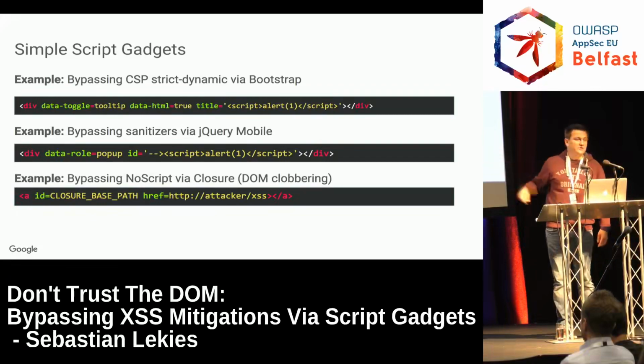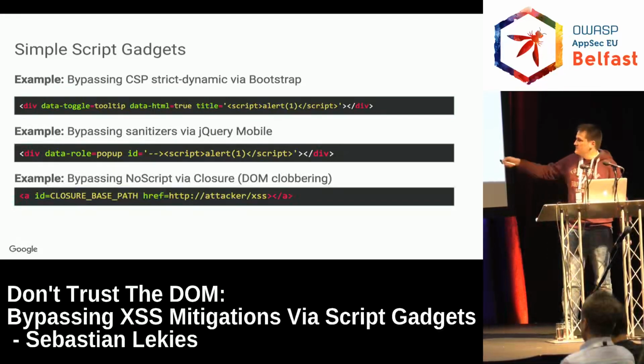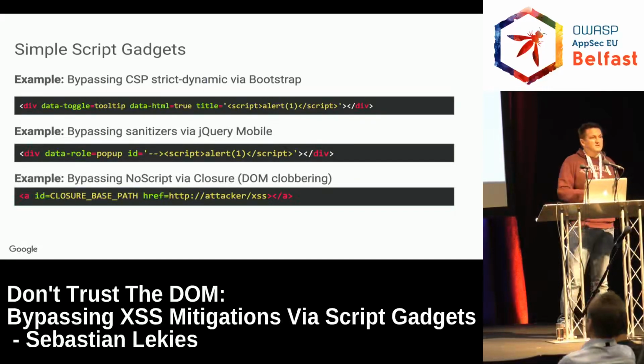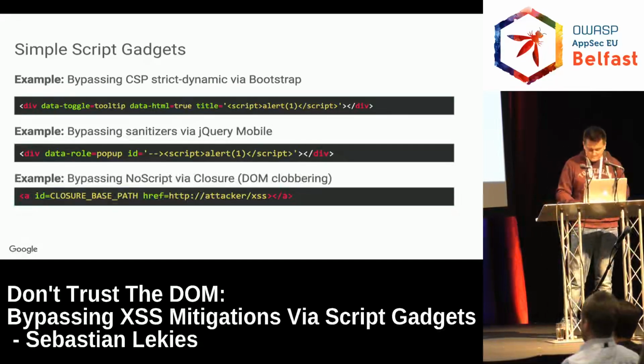This overrides the internal Closure configuration property, so Closure will load all the scripts relative to this URL. And interestingly, Closure creates script tags and appends them to the DOM, so this is again a CSP bypass and also a no-script bypass.